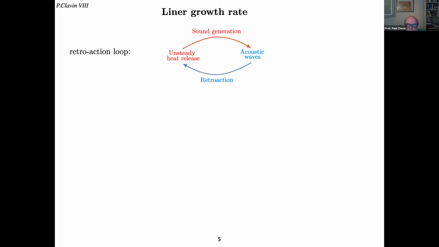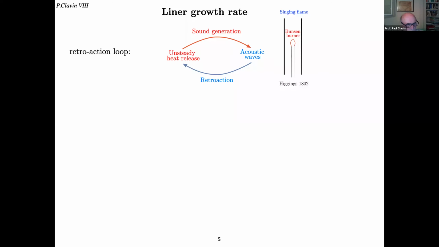Unsteady heat release generates sound, and this acoustic wave counter-reacts to the heat release rate, and this can produce a positive feedback. For example, a very old experiment by a man called Higgins in England, Great Britain, I don't know, it is in England, called the singing flame. What is it?